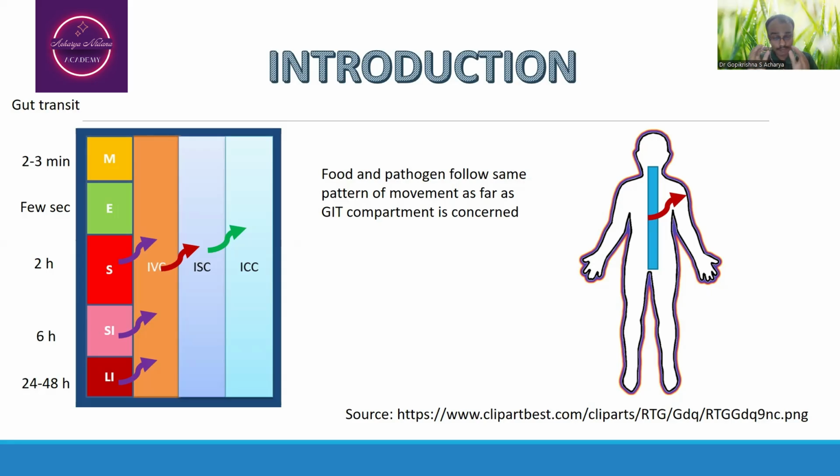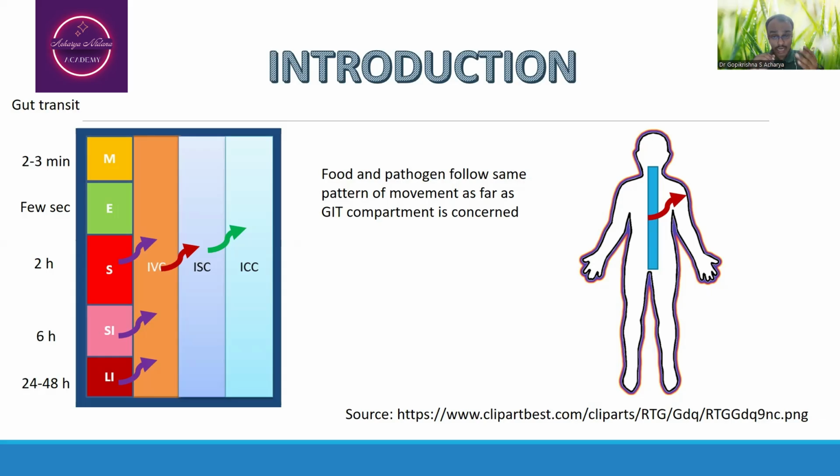In this particular duration of time, the conversion of macromolecules into the intermediate molecules, then into the micromolecules, will be happening. And these micromolecules will be getting assimilated in the small intestine.